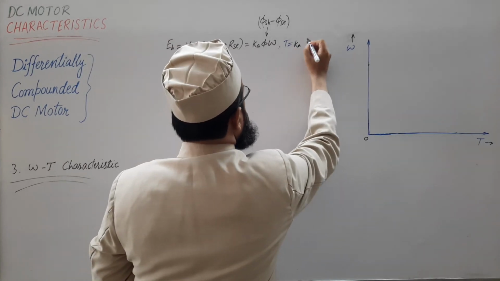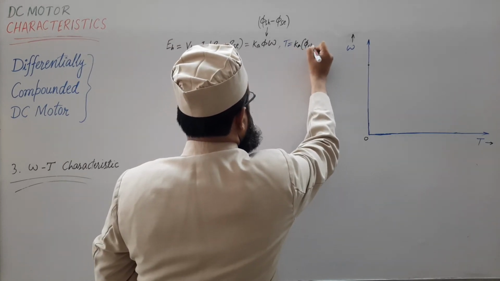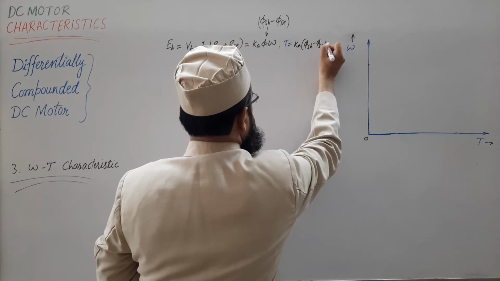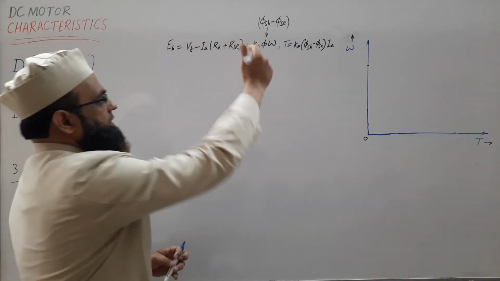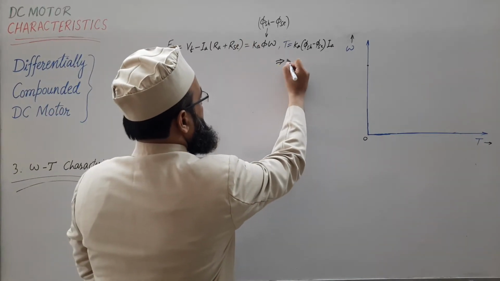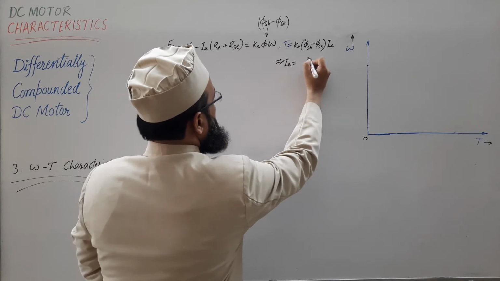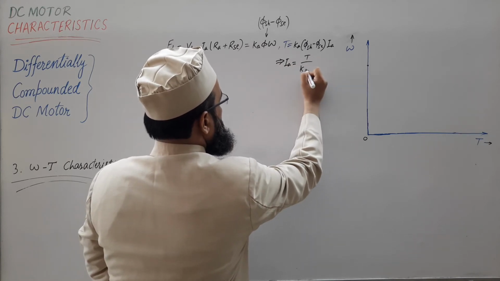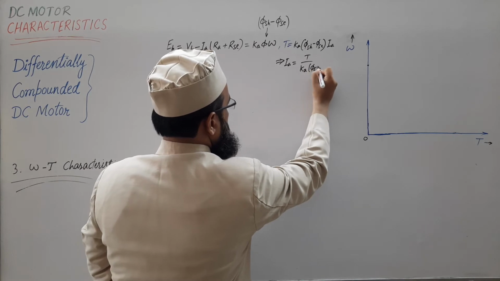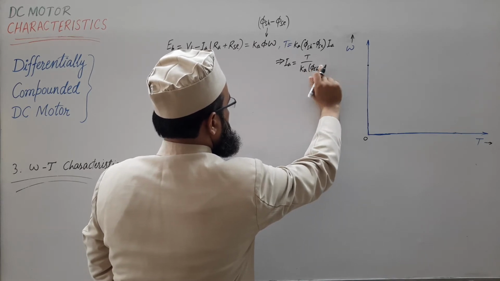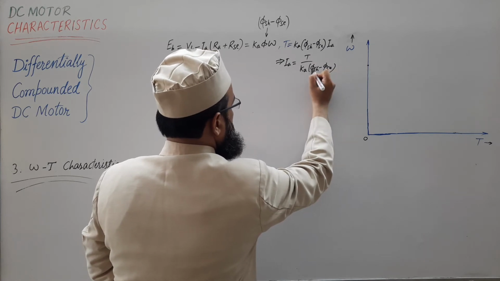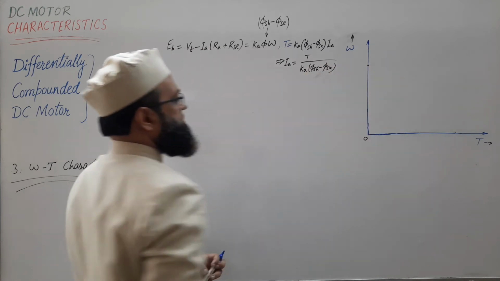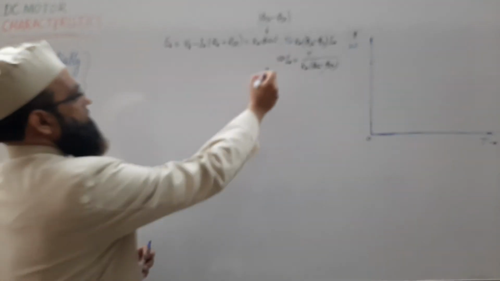Ka phi sh minus phi se Ia. So from here, Ia may be written as T upon Ka phi sh minus phi se. This is differentially compounded, so put the minus sign. Substitute this value of Ia here.